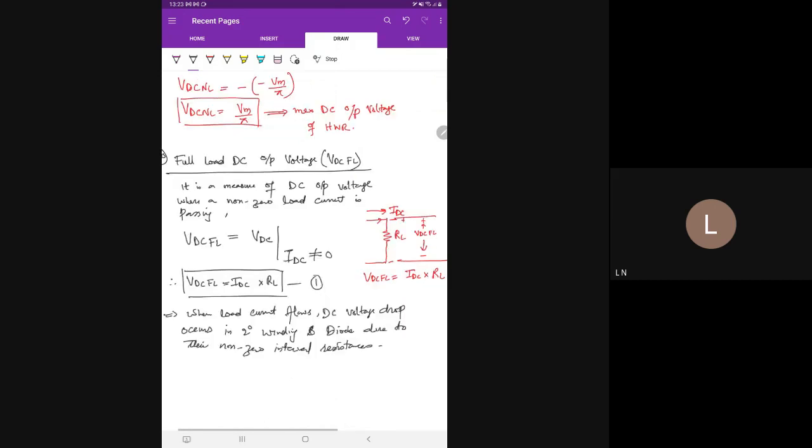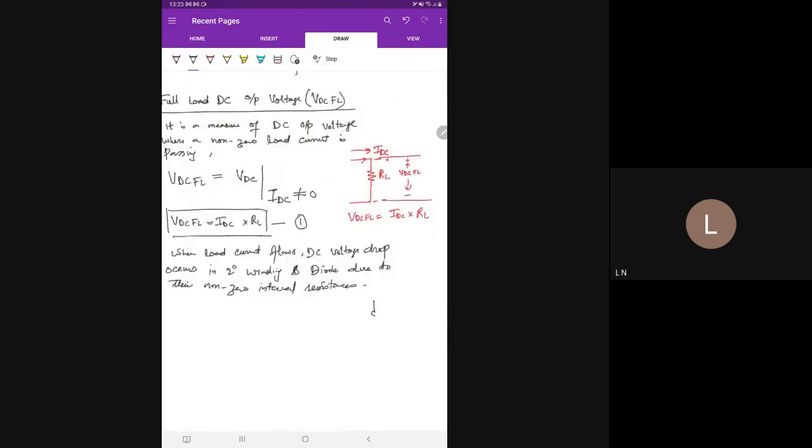So suppose I have a half wave rectifier: we have the secondary of the transformer, then we have the diode D here, and we have the load resistor. Whenever non-zero DC current flows in the circuit, then because of the non-zero internal resistance of the diode, some voltage drop will also occur across the diode.